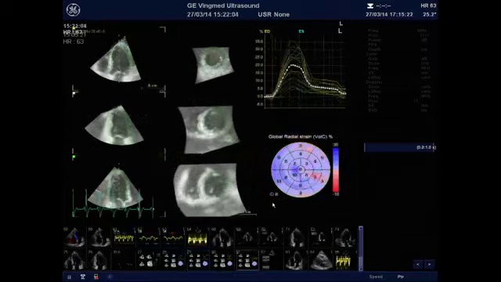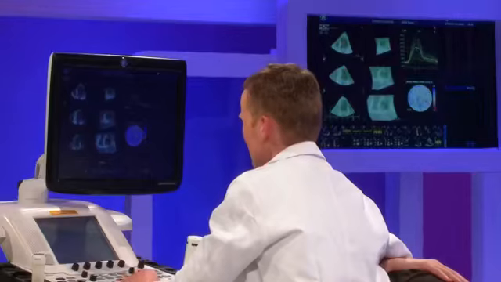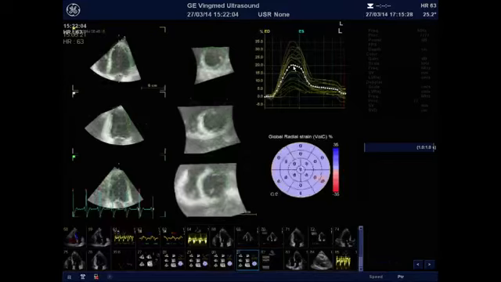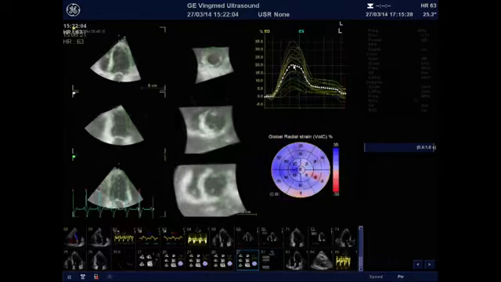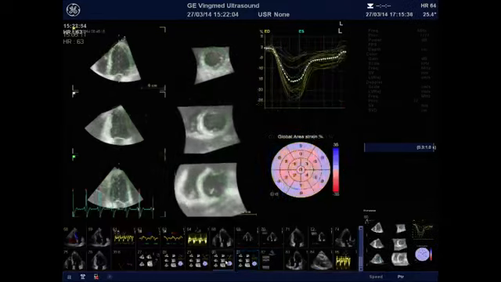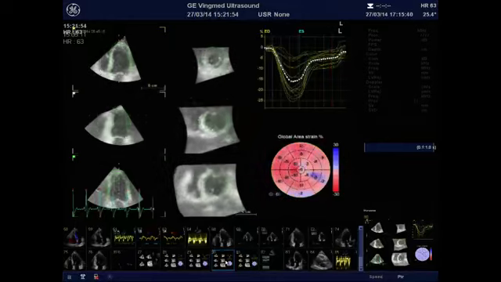Then we will get the radial strain, which is the thickening of the LV in systole. Here we have a mean value about 20% for a normal value about 40%. And we can also compute another parameter of deformation, which is the area strain, which is a measurement between the circumferential strain and the longitudinal strain.